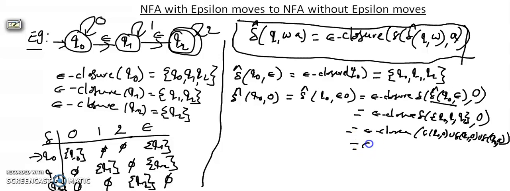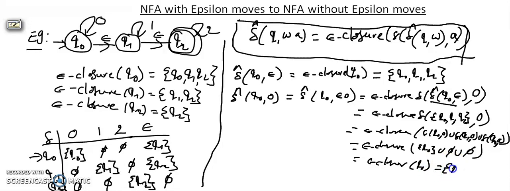Okay, so E closure of Q naught with 0, Q naught only, union Q1 with 0, phi, union Q2 with 0, phi. The final one is E closure of Q naught. The E closure of Q naught is Q naught, Q1 and Q2. So this is for Q naught comma 0.